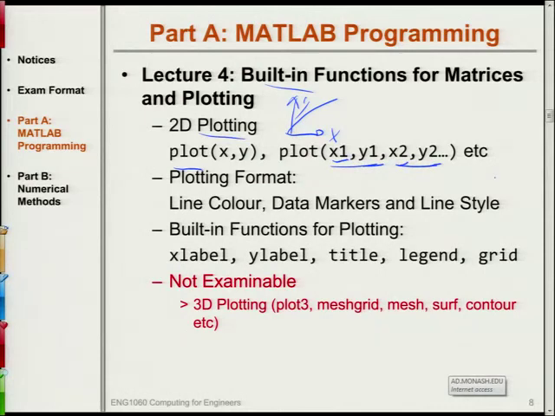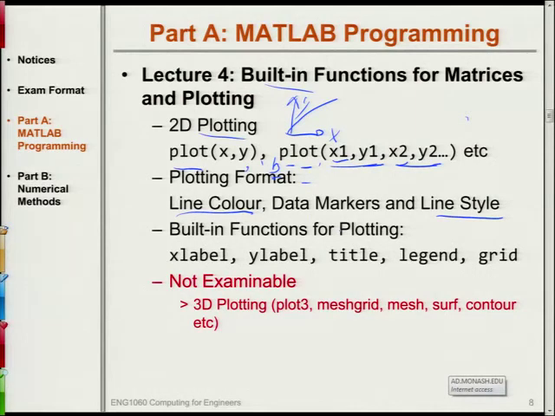So when we plot, we can also follow it with the data type. For example, plot xy. I want a blue curve, and a dashed line. So you can point out the line color and the line style, even the data marker, for example, a circle or a dot.